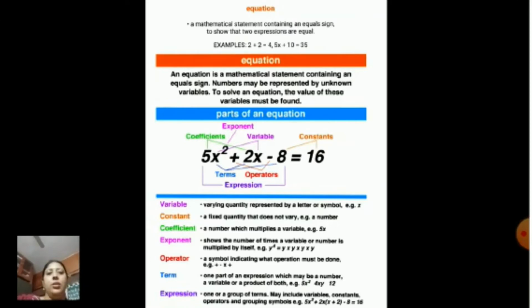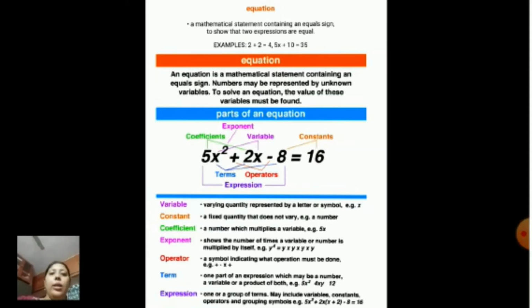Now what is the coefficient? A number which is multiplied by a variable. So in the first term 5 is the coefficient of x square. In the second term 2 is the coefficient of x. And 8 is the coefficient of x to the power 0, or simply it is a constant term.